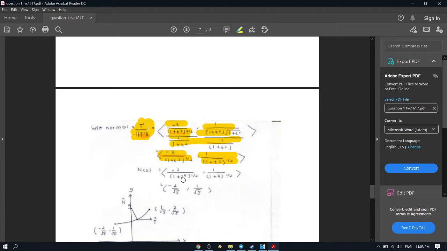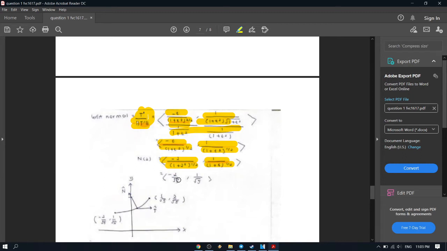And also the question asks us to find the unit normal when t is equal to 2. Then we could sub 2 into the unit normal equation, and we could get -2 over square root 5 and 1 over square root 5, right?